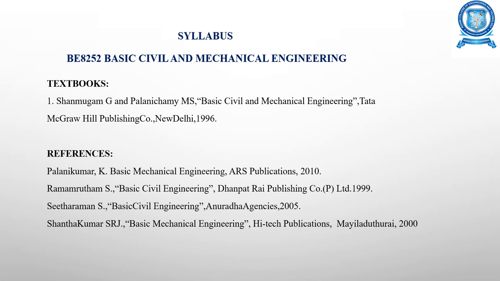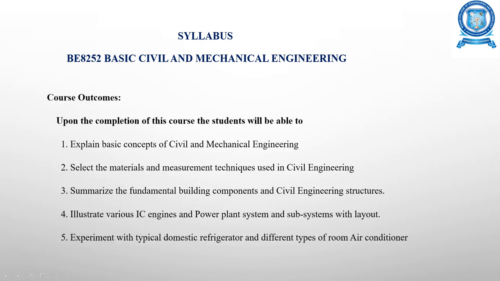So these are all the textbooks and reference books for this basic civil and mechanical engineering course, and these are all the course outcomes. After completion of the course, the students will be able to explain the basic concepts of civil and mechanical engineering from Unit 1, and from Unit 2 the students will be able to select the materials and measurement techniques used in civil engineering.